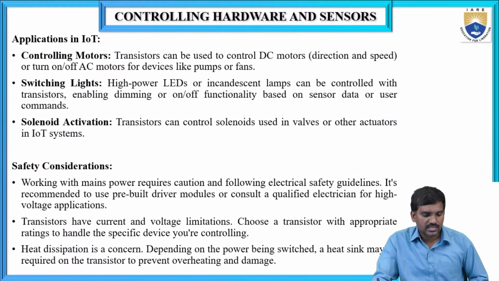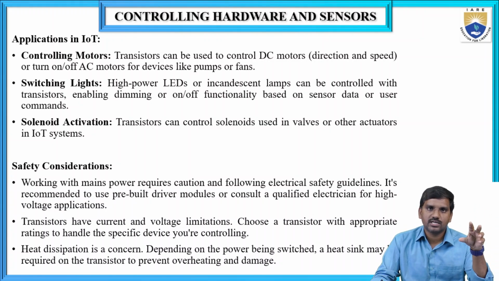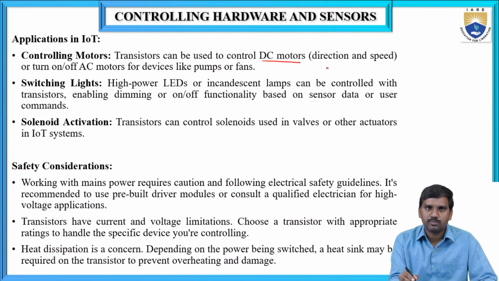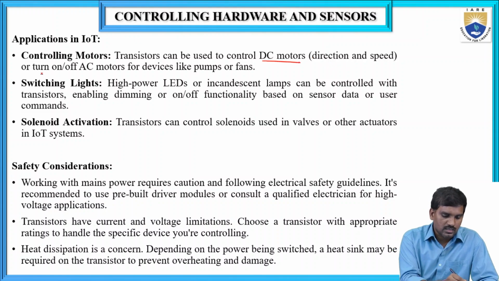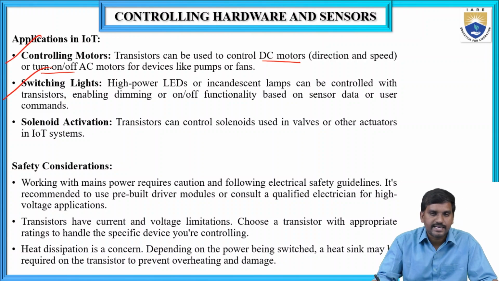Next, applications in IoT: controlling motors, switching lights, solenoid activation. Under controlling motors, a transistor can be used to control DC motors based on direction and speed, or to turn an AC motor on and off for devices like pumps or fans. So this is one application in IoT. The second one, switching lights.